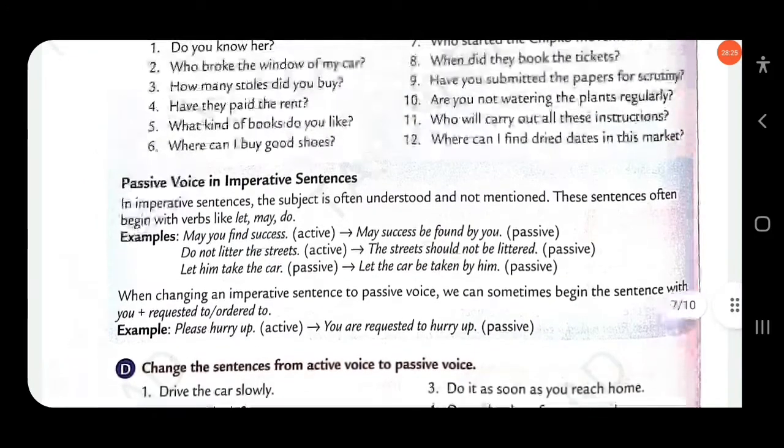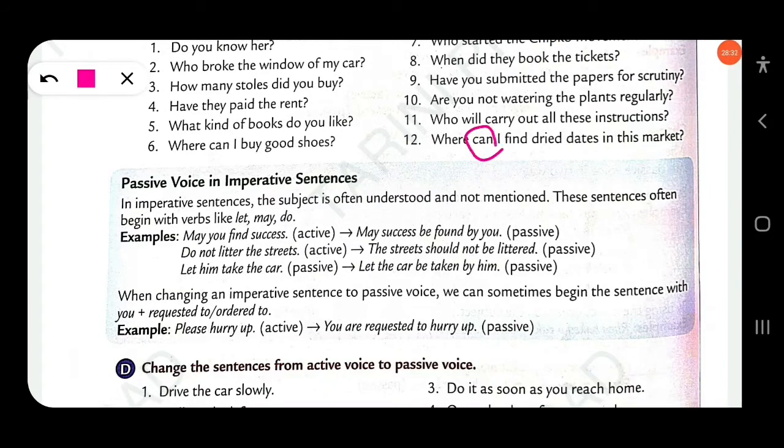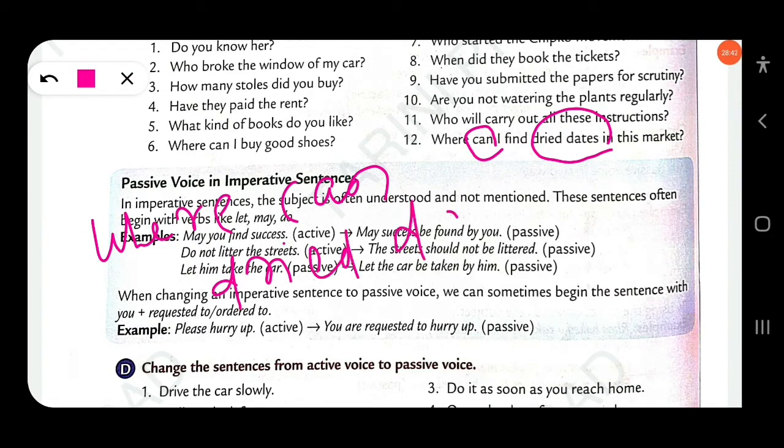Then next question here, where can I find dried dates in this market? Do you know, here a modal verb is used, can. So you have to write where can dried dates be found.